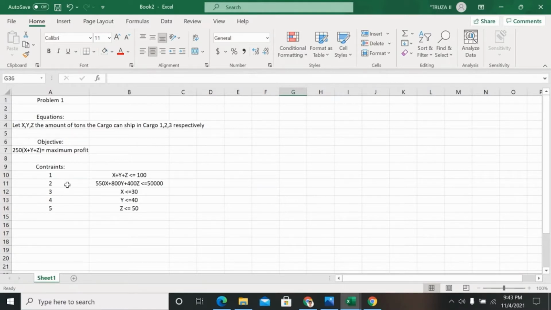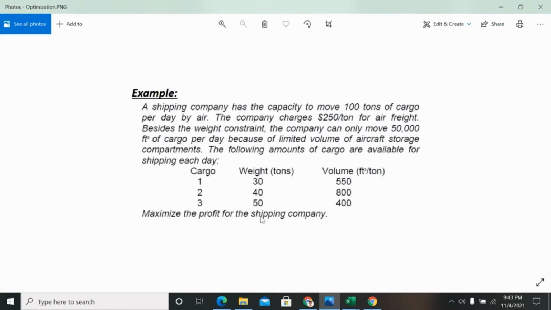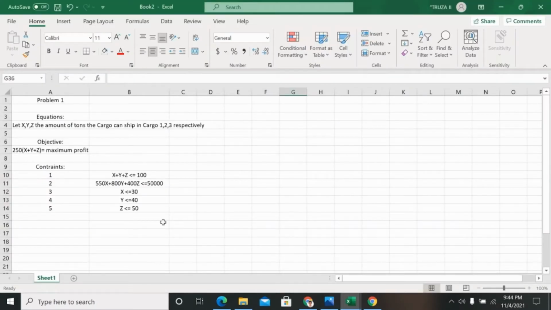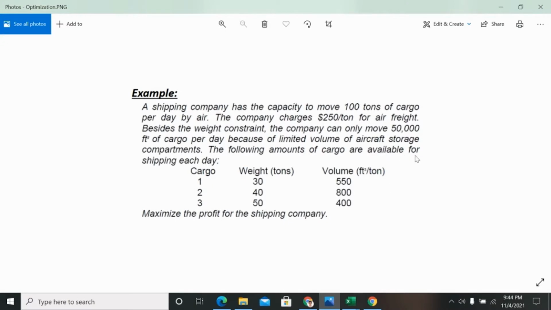The second constraint is the volume of cargo 1, 2, 3, which is 500, 800, 400 respectively: 500x plus 800y plus 400z should be less than or equal to 50,000, because the company can only move 50,000 cubic feet of cargo per day.